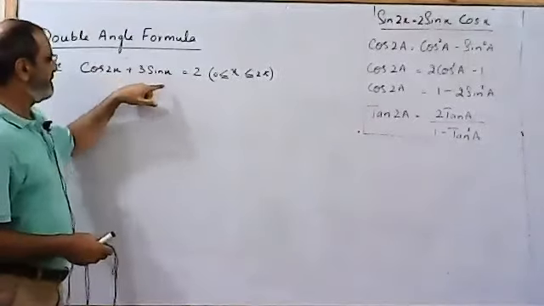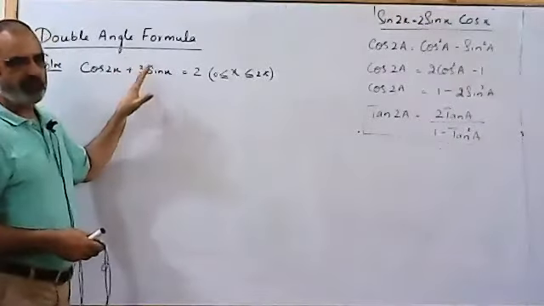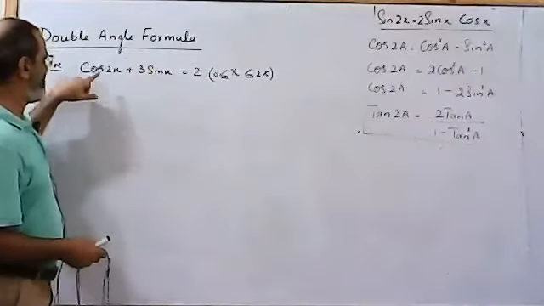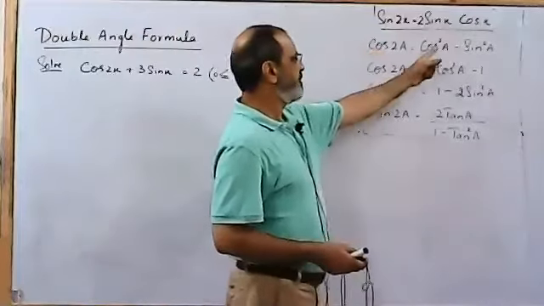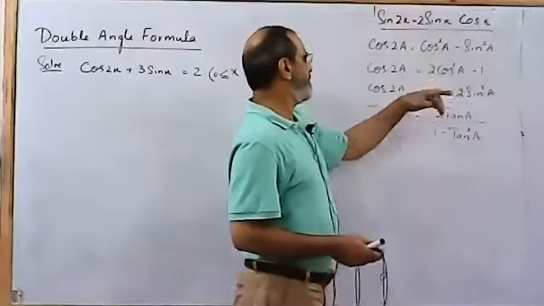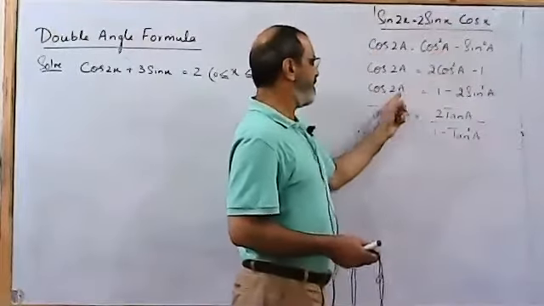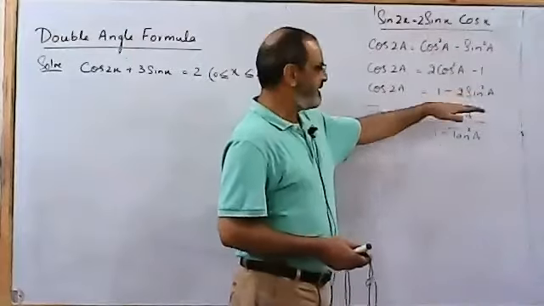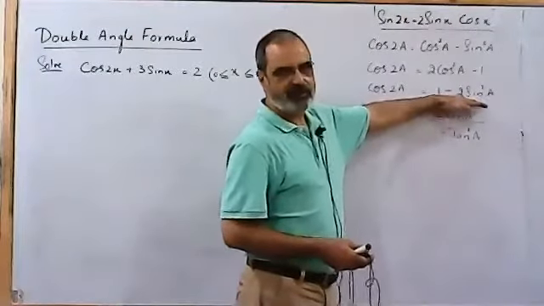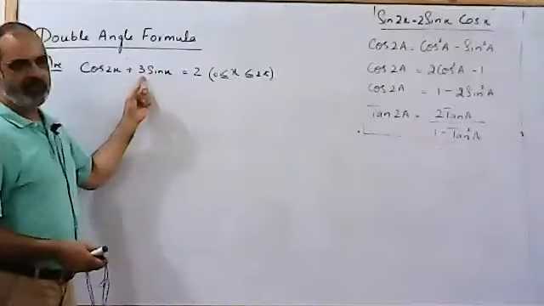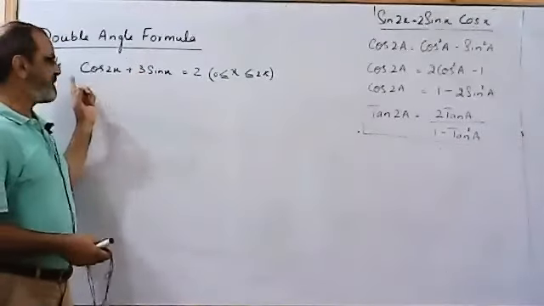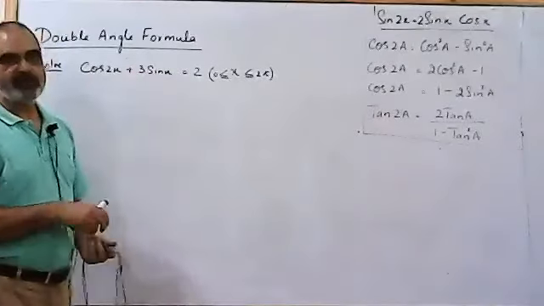Sin x I cannot change into any other trigonometric ratio, but cos 2x can be replaced by cos square minus sine square, or 2 cos square minus 1, or 1 minus 2 sine square. In this case, I will prefer the third identity. Why? Because I already have sine in the second term, so I want sine to be everywhere in this equation.